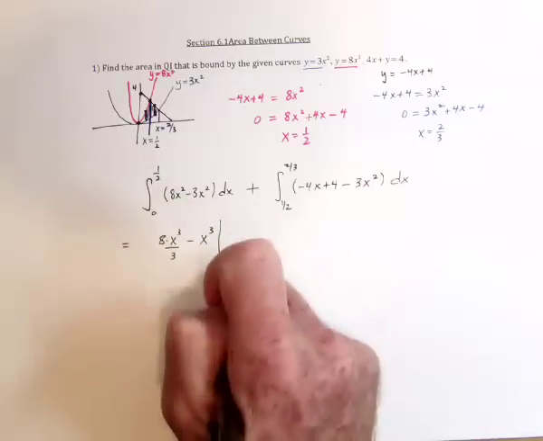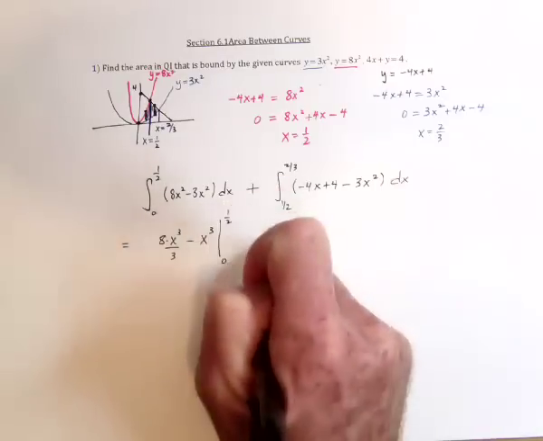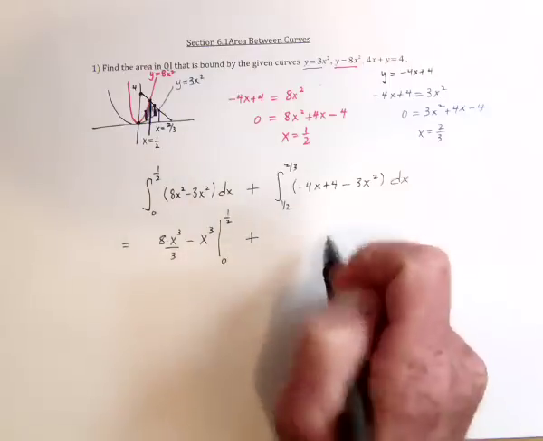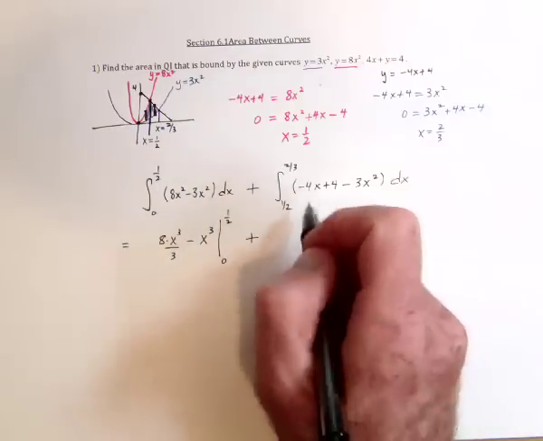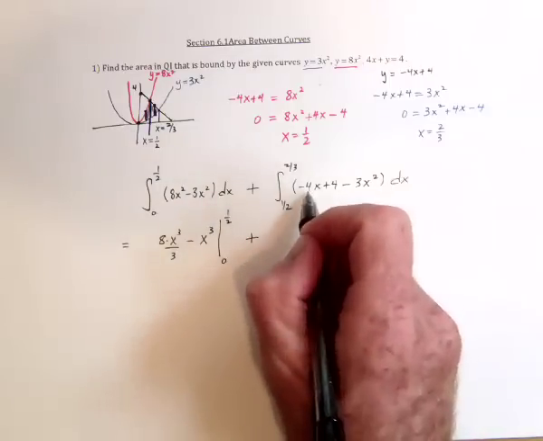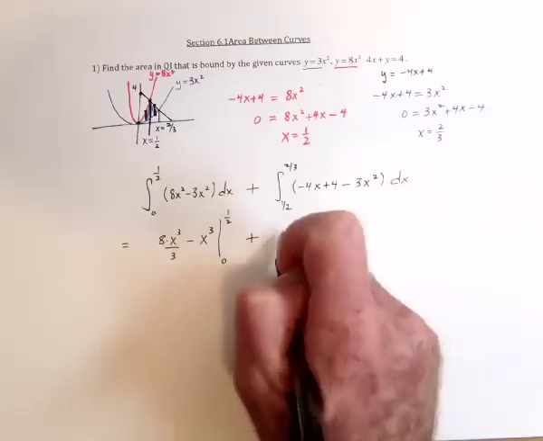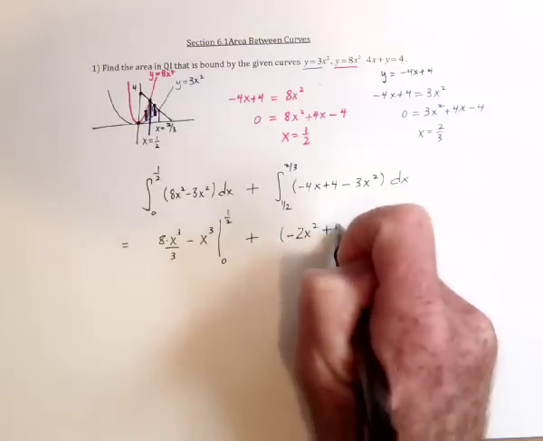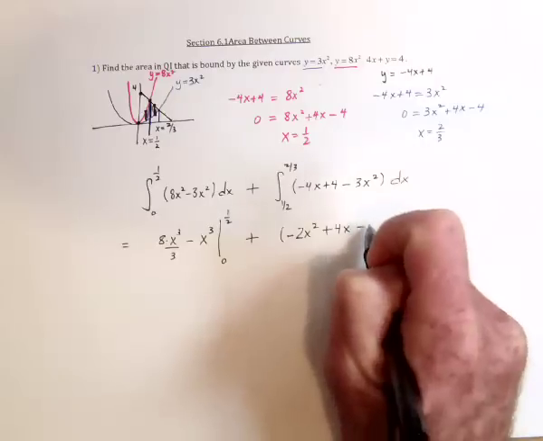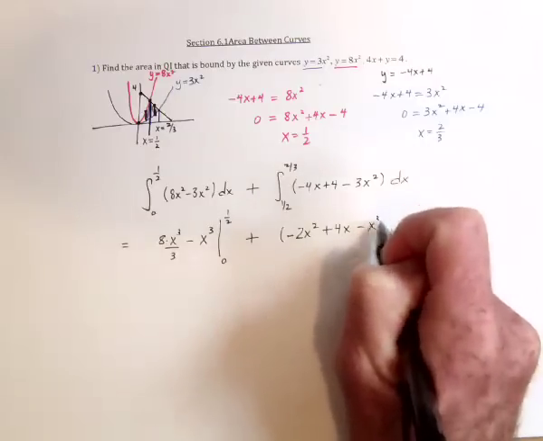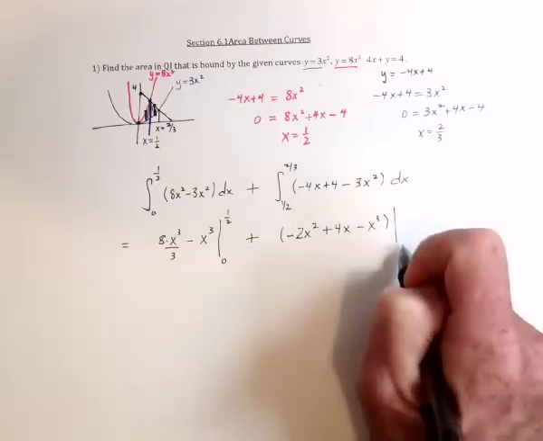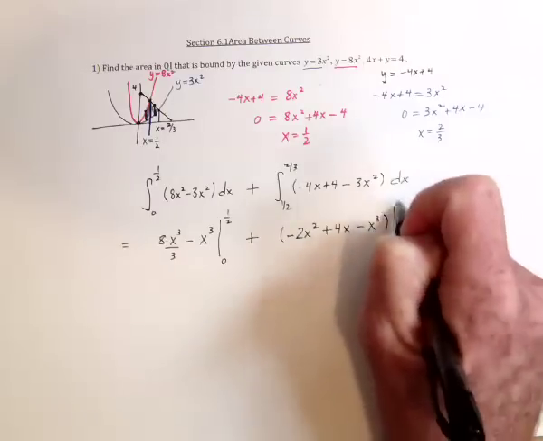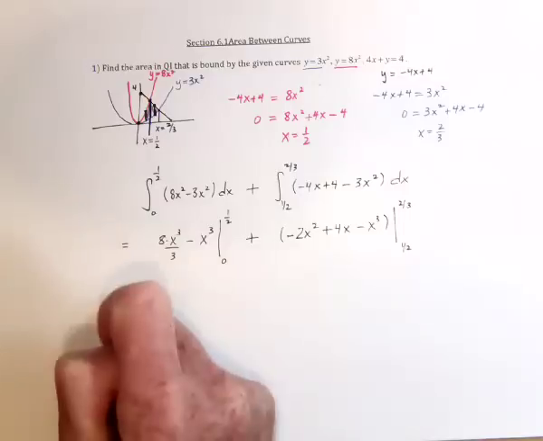And then evaluate from 0 to 1/2. So this one would become x to the 2 over 2, but that's going to divide into this, leaving negative 2x squared. The middle one is a 4x, and then this one is from x cubed. And then evaluate from 1/2 to 2/3.